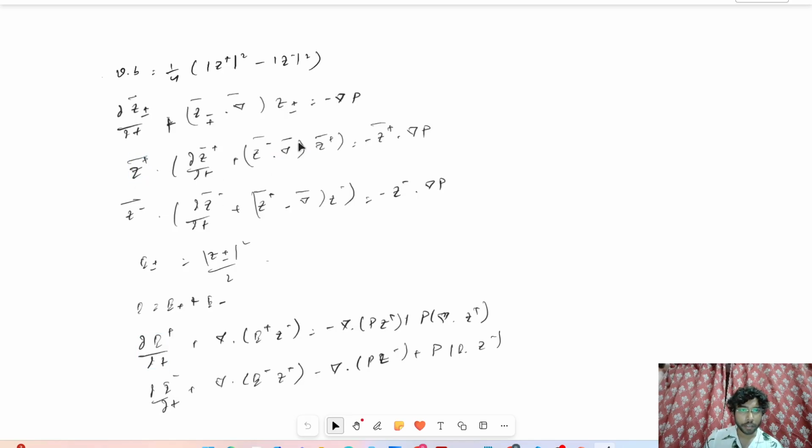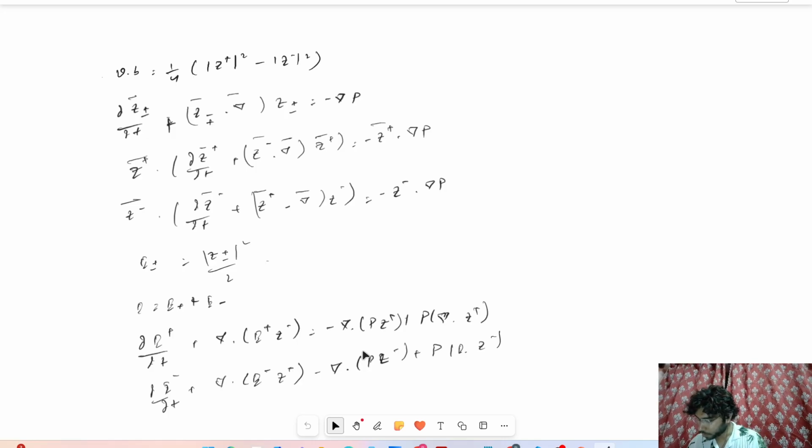And this term is a little bit complicated, but if you break out this term, just use the chain rule, right?